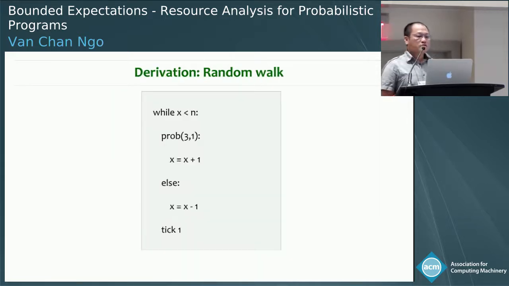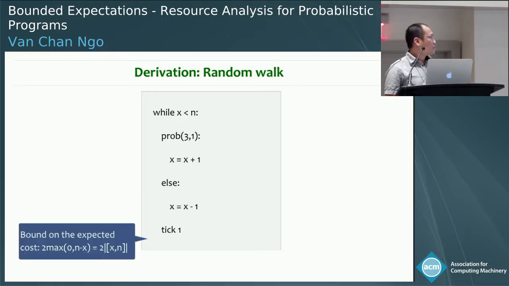So let me go back to the random walk example. We want to derive the bound 2 max(0, n minus x) as an upper bound on the expected running time. So we reason backward with the potential function 2 max(0, n minus x) at the end of the tick 1 command, because the tick 1 consumes 1 resource unit.